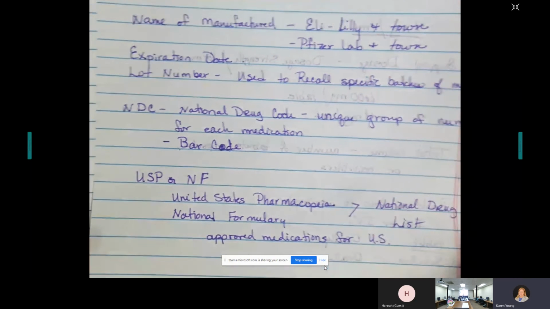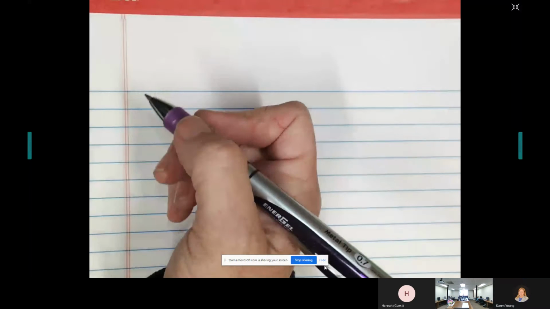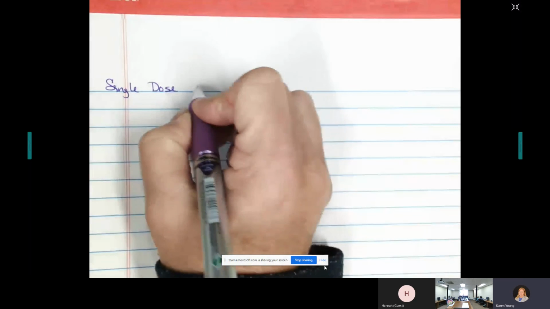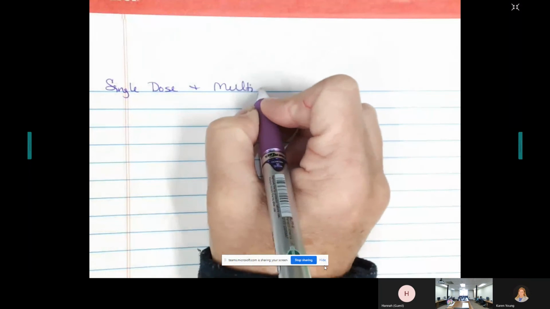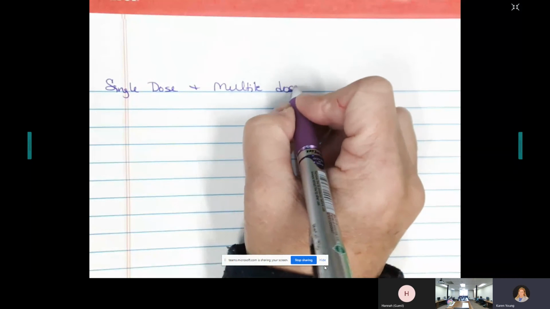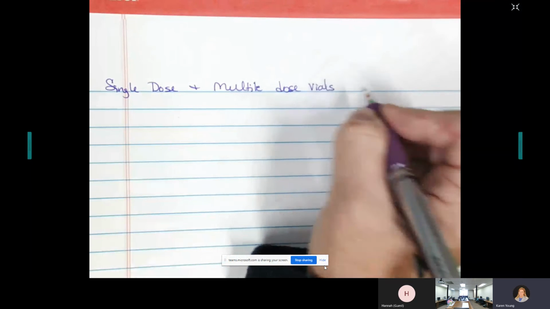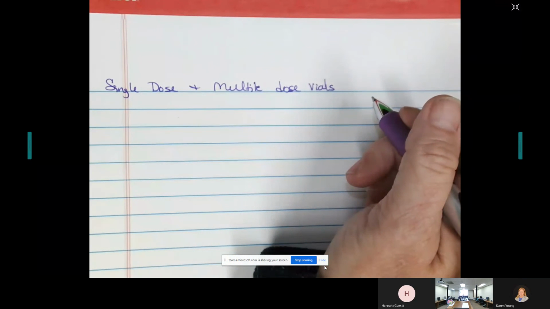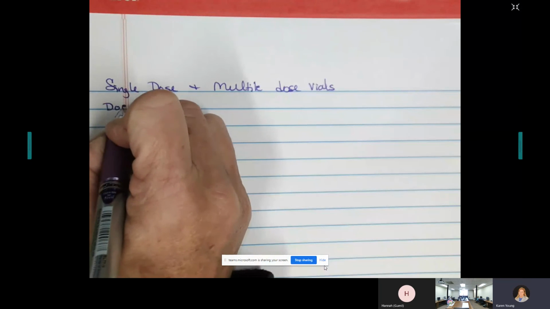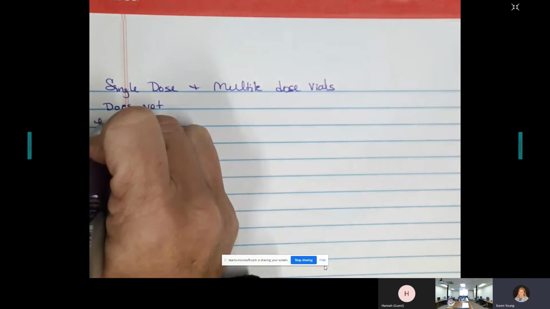There's a lot of things on these drug labels that we need to know about that we won't always see for medications. We have single dose and multi-dose vials. The single dose does not have preservatives.